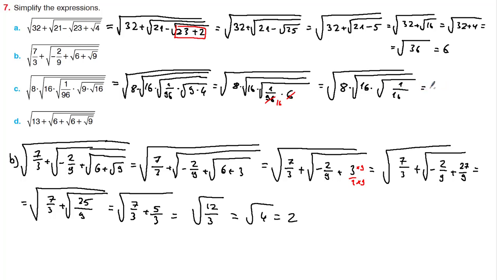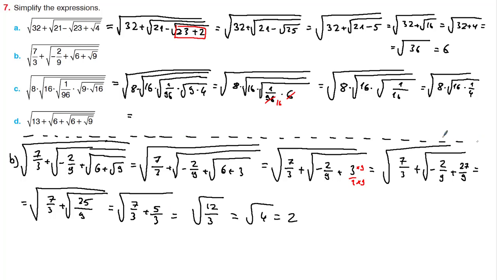We can perform calculations here, and we should get something like 1 over 4. Let's continue here. Separate these two exercises. That makes it 4. Square root of 16 times 1 over 4 is just 4.